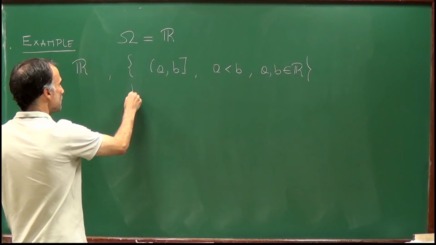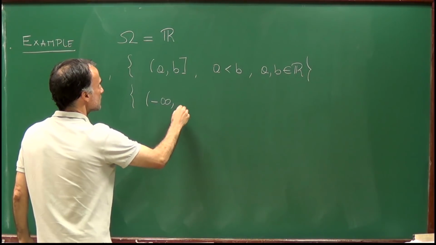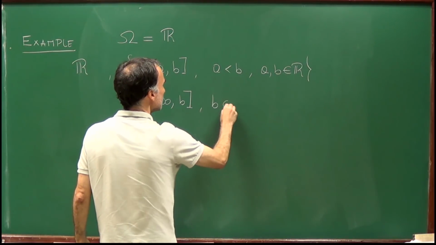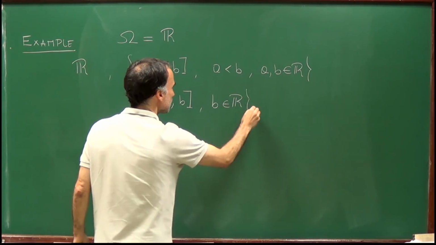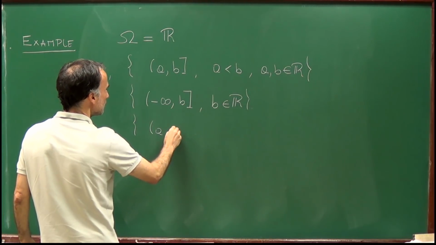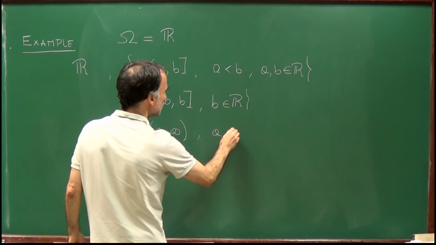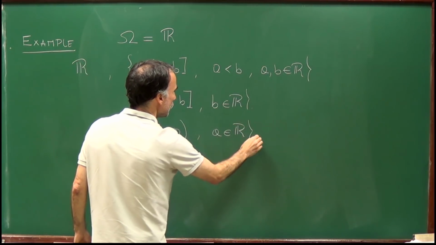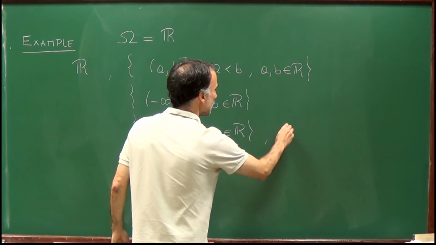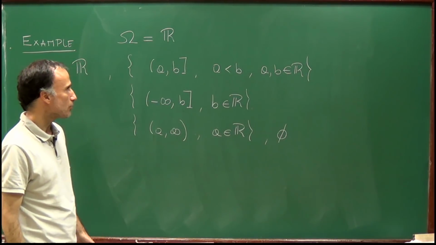So besides that, let me include in this family the intervals minus infinity to b, where b is an element of R. And in the same way, let's include the interval a to infinity for a in R. And just to make sure that we are considering the empty set, let's include the empty set in our collection.